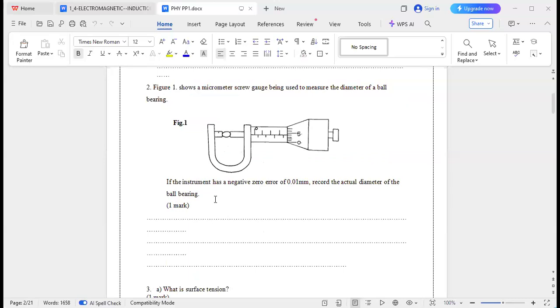Then the thimble scale reading is the 4th division, total 3.54. Then add error. If we add 0.01, we get 3.55. 3.55 is the answer to number 2.